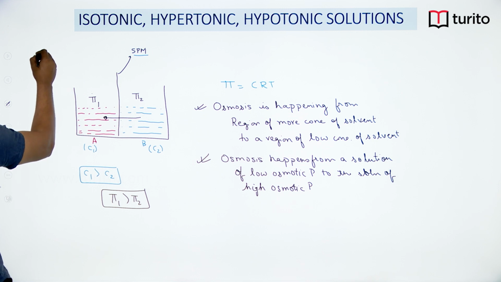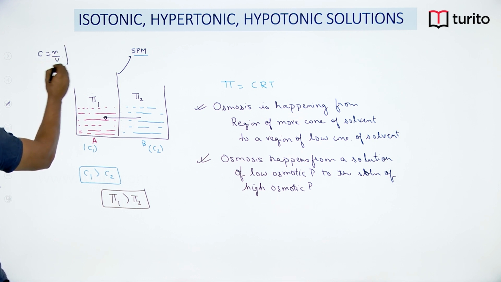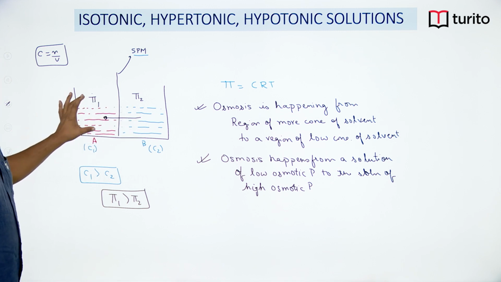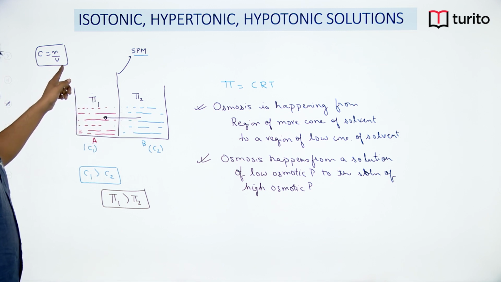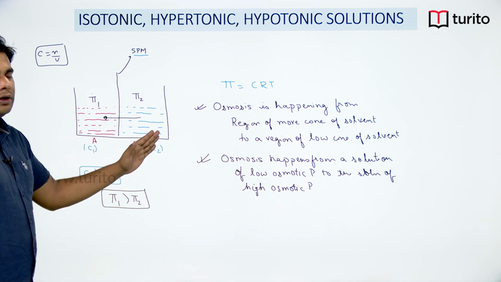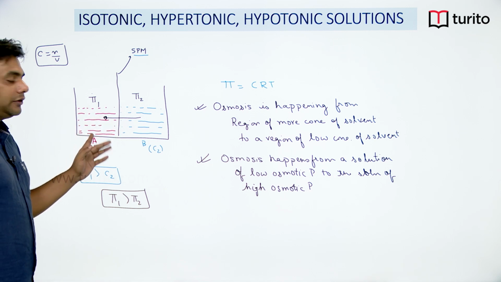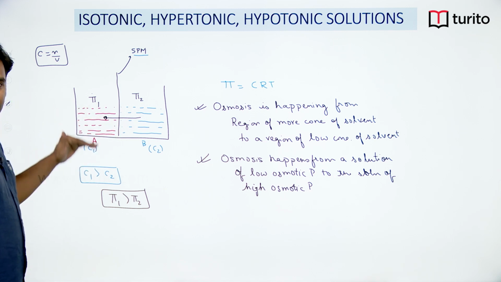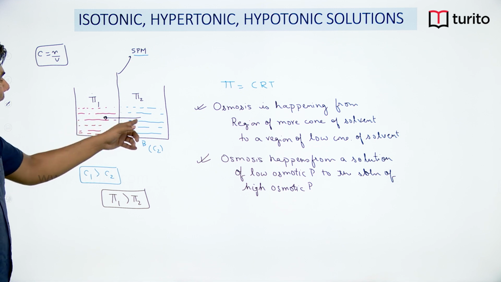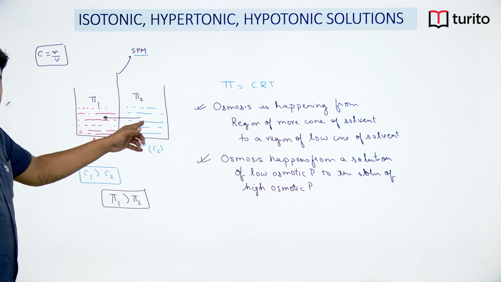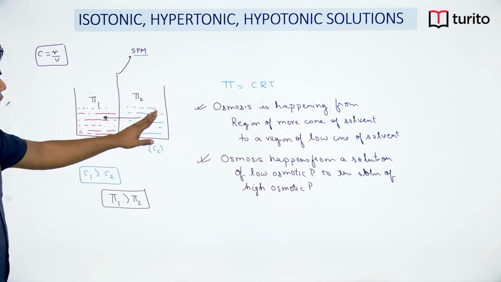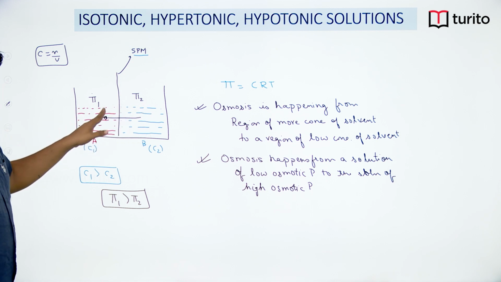We know that concentration is number of moles upon volume, so this is number of moles of solute upon volume. Now because more and more solvent particles are coming to this side, the volume of the solution will increase, so the concentration will keep on decreasing. Initially C1 was greater than C2. After osmosis happens, the concentration of solution A would keep on decreasing because the number of solvent particles is increasing, and the concentration of this side would keep on increasing because the volume of solvent is decreasing in this side, because the solvent is crossing the semi-permeable membrane.